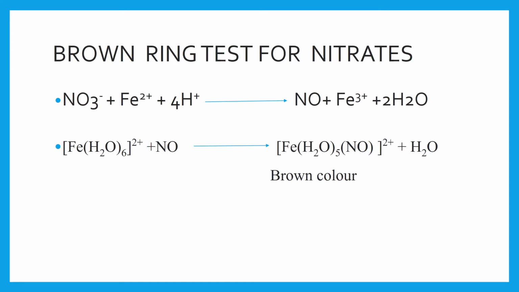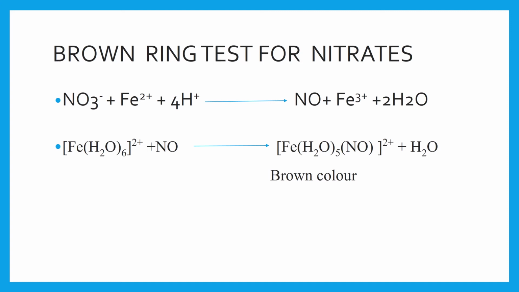Nitrate NO3-, it reacts with ferrous ions Fe2+ in the presence of H+ ions, forming nitric oxide along with ferric ions and water. These ferric ions bind with water, forming an aqua complex with the formula [Fe(H2O)6]2+, which further combines with nitrosyl, forming [Fe(H2O)5(NO)]2+.